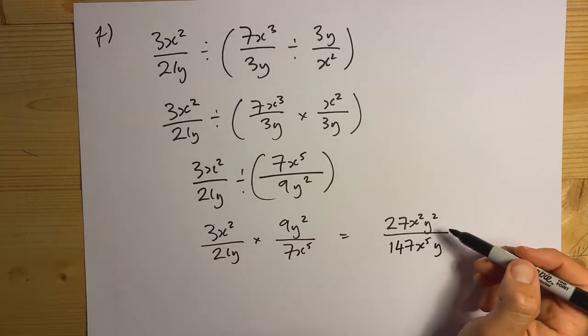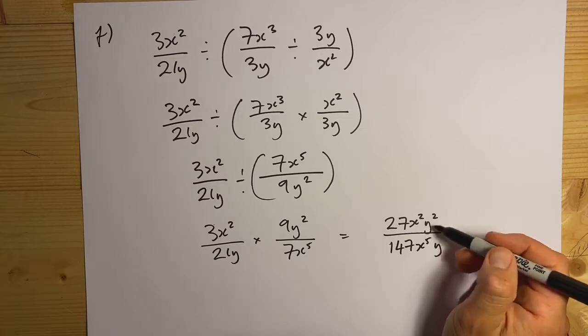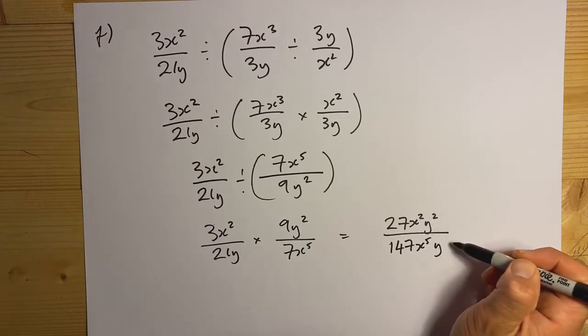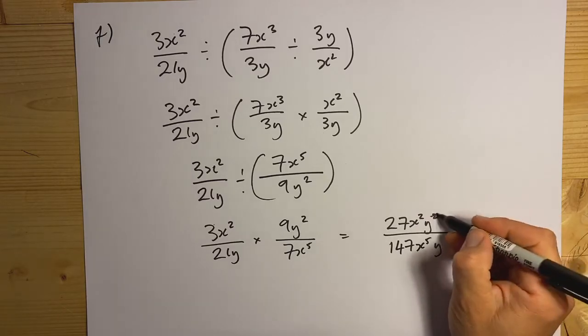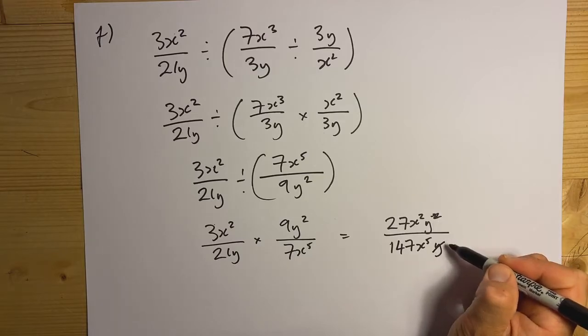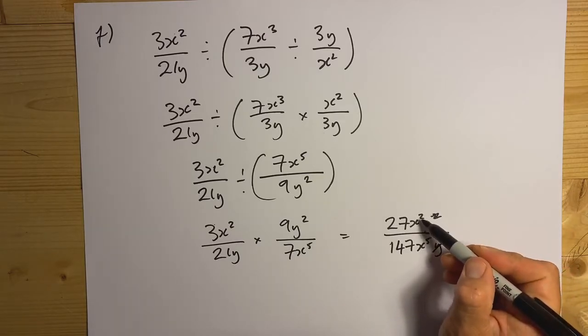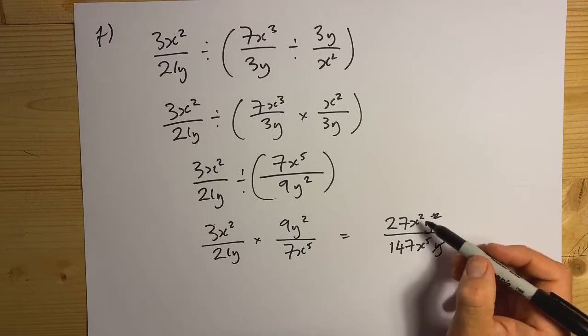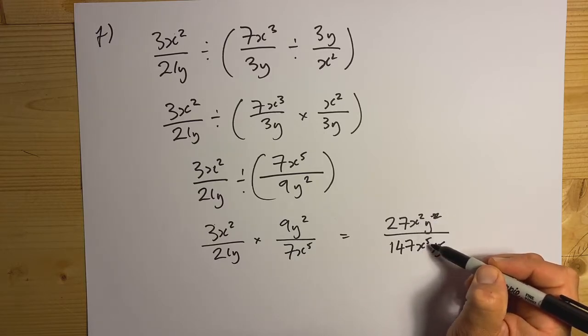Now we can cancel out some of our terms here. So y squared divided by y. So it's 2 minus 1, if you like. 2 minus 1 is 1. So that just becomes y. Effectively, one of the y's we've just cancelled out. And then we've got x squared divided by x to the 5th. Our rules again, 2 minus 5 is minus 3.